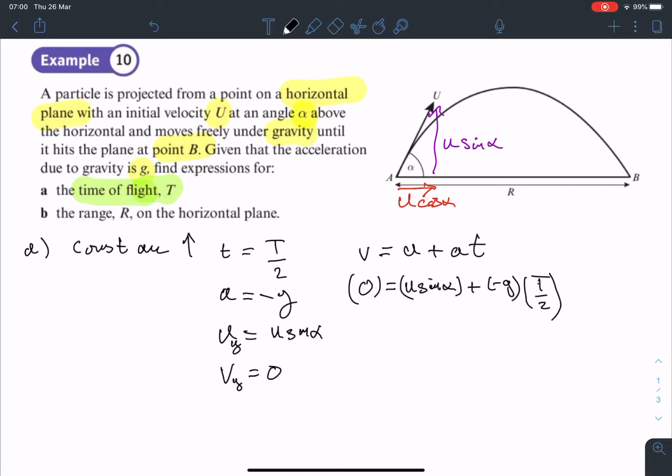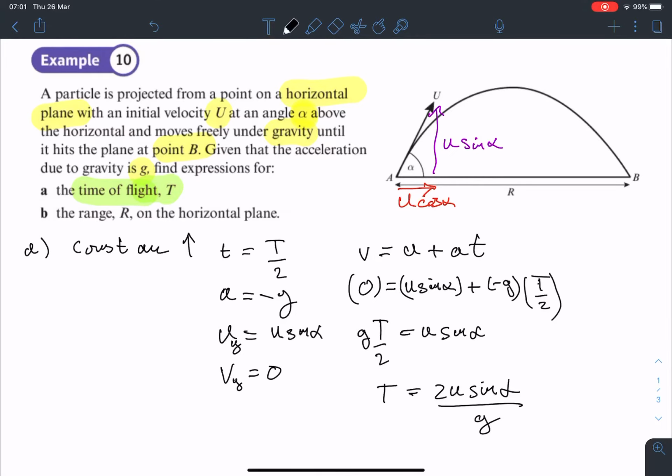Add it across, gT over 2 equals u sine alpha, so T equals 2u sine alpha over g. So that is the time of flight, capital T.